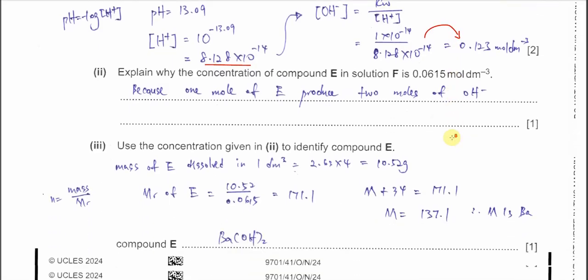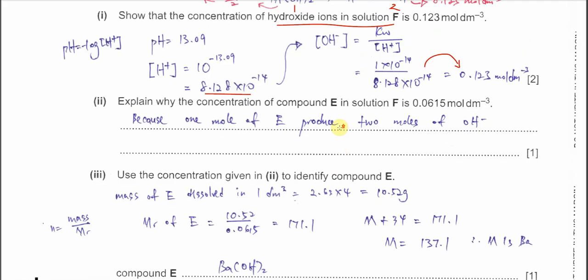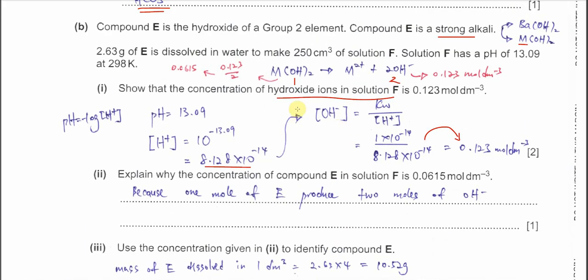Part 2. Explain why the concentration of compound E in the solution of F is 0.0615. This one is very straightforward. We just need to use the previous part again. We know that the mole ratio of the metal hydroxide to the hydroxide ion is 1 to 2.